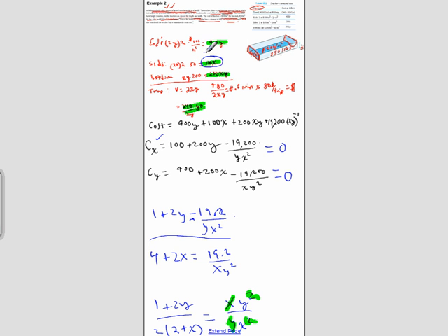This should have been 200x, not 100, which makes this 200 and makes this 200 and makes this a 2, which makes this 2.